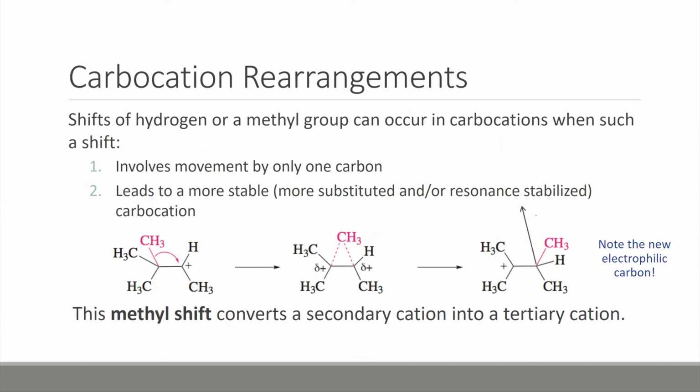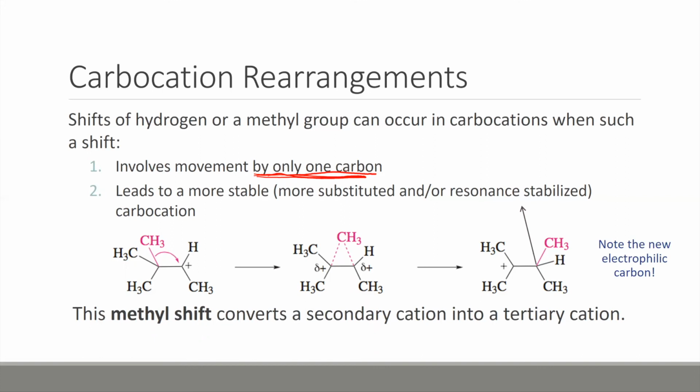So shifts of hydrogen or methyl groups can occur in a carbocation when it improves the stability of the carbocation. So it involves a movement by only one carbon. So it can only be one carbon away for this to even occur. It can't be way down the line that we see a shift in carbons. And it leads to a more stable, more substituted or resonance stabilized carbocation.